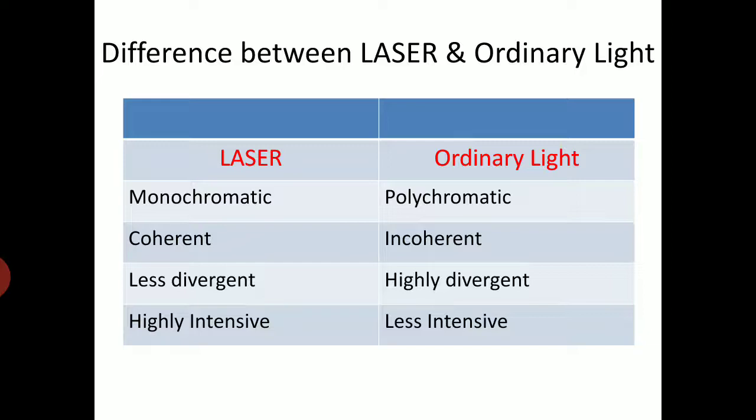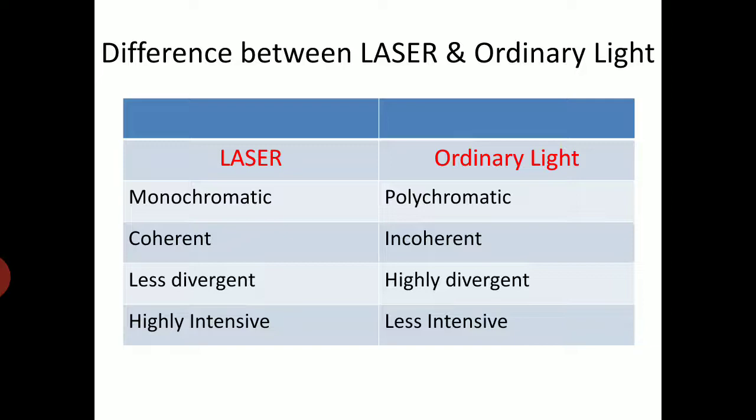Next, as I told, we'll see how exactly it differs from ordinary light. Already we have discussed on the left side the properties of the laser. The same things we are going to discuss for ordinary light. The first one is that the laser is monochromatic, meaning only one color, one frequency or one wavelength. Here the ordinary light is polychromatic.